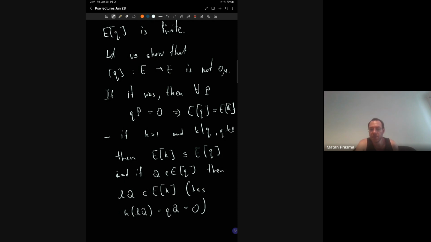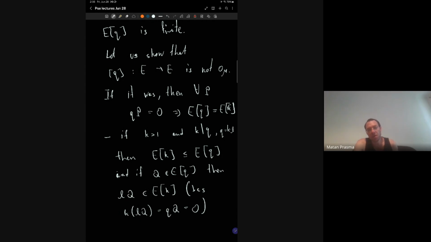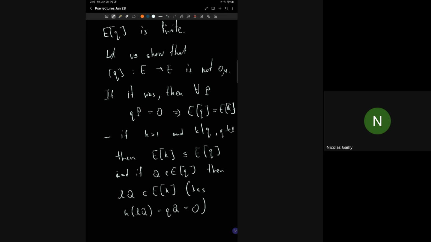Sorry, there's another basic point I missed. I don't understand the conclusion. If QP equals 0, then E[Q] equals E of K bar? If the map a_Q is the zero map, then for all P, QP is 0, right?